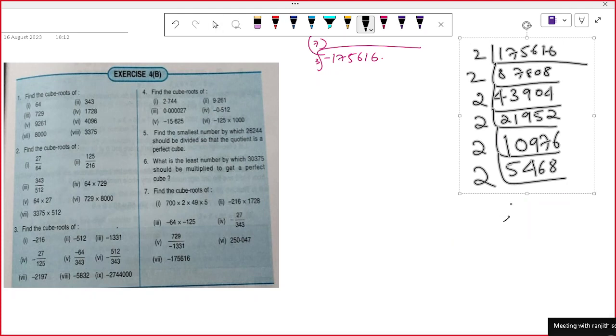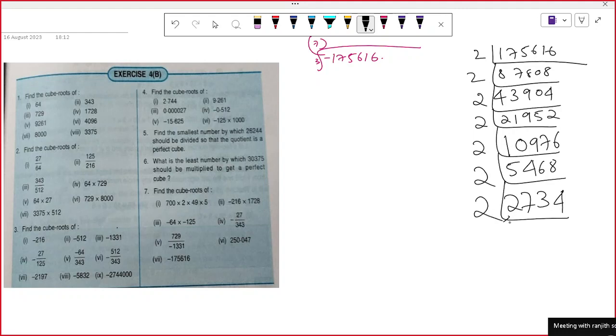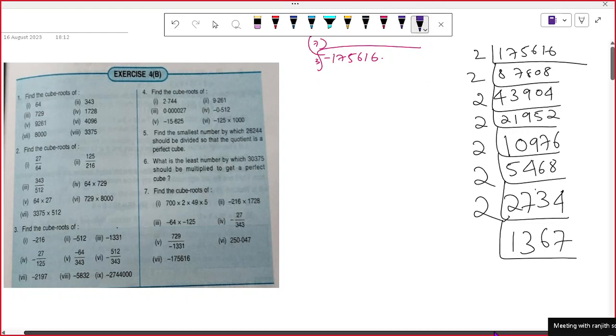Two twos are four. Carry one. Carry over. Two sevens are 14, two threes are 6, two fours are 8. Next. Two threes are 6. Carry one. Two sixes are 12. Okay. Yes, sir. Tell me, Akansha.